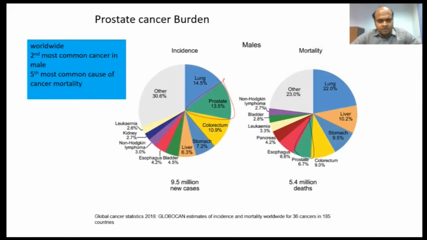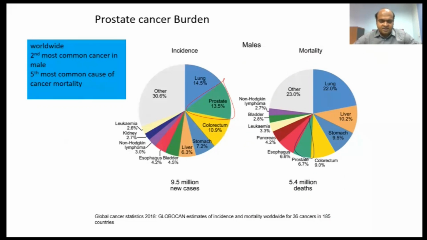Now I will talk about why we are discussing prostate cancer today, that is the burden of prostate cancer in the worldwide scenario as well as in the Indian scenario. Worldwide, prostate cancer is the second most common cancer in males.